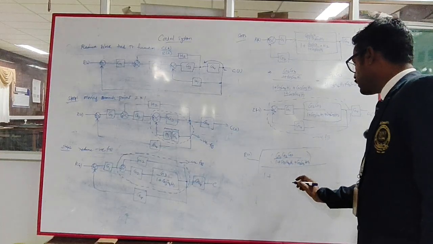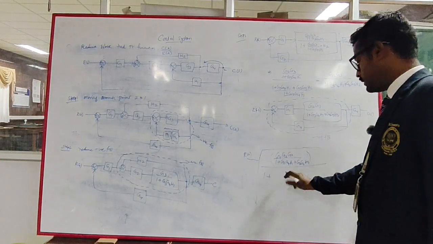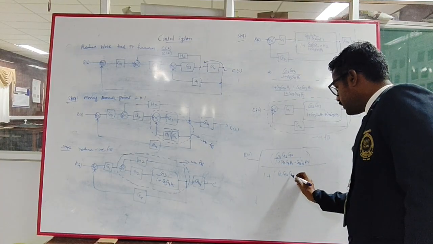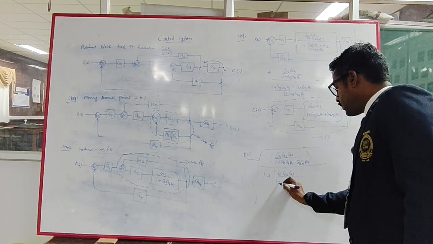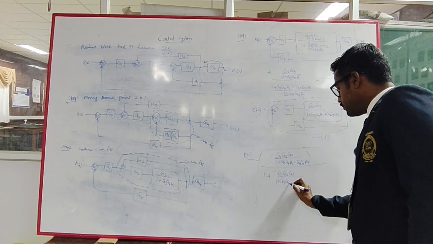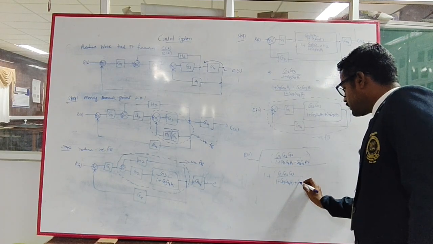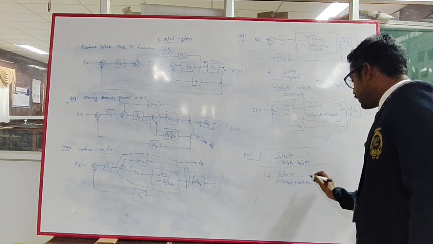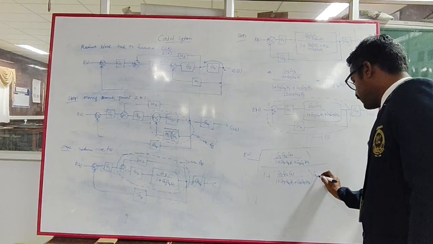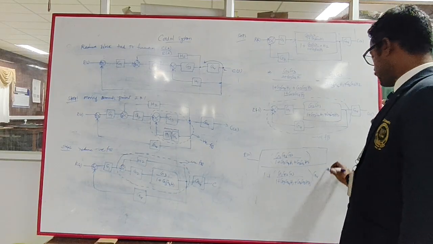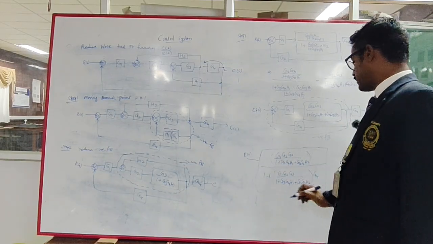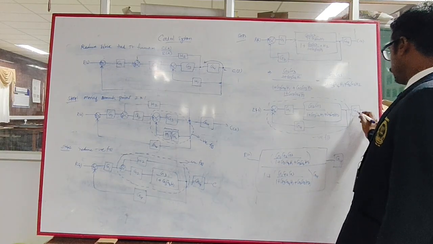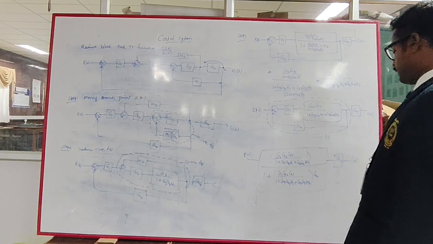Now the whole G is the same thing, so you copy it out: G1 G2 G3 divided by 1 plus G3 G4 H1 plus G2 G3 H2, into this G4. Here you have to multiply it with the G4 block and you will get C of S.